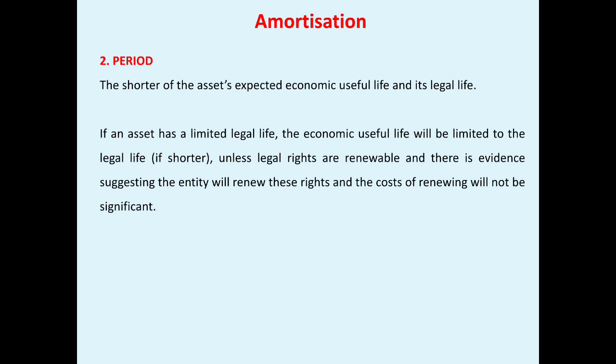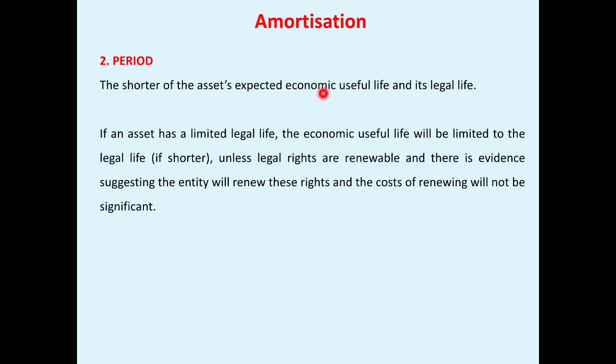Now period. How will you determine the lifespan of an asset? Lifespan is the same as period, right? It's very easy. You've got two things: the expected useful life and the legal life. Of the two, the one that is less, you pick that.